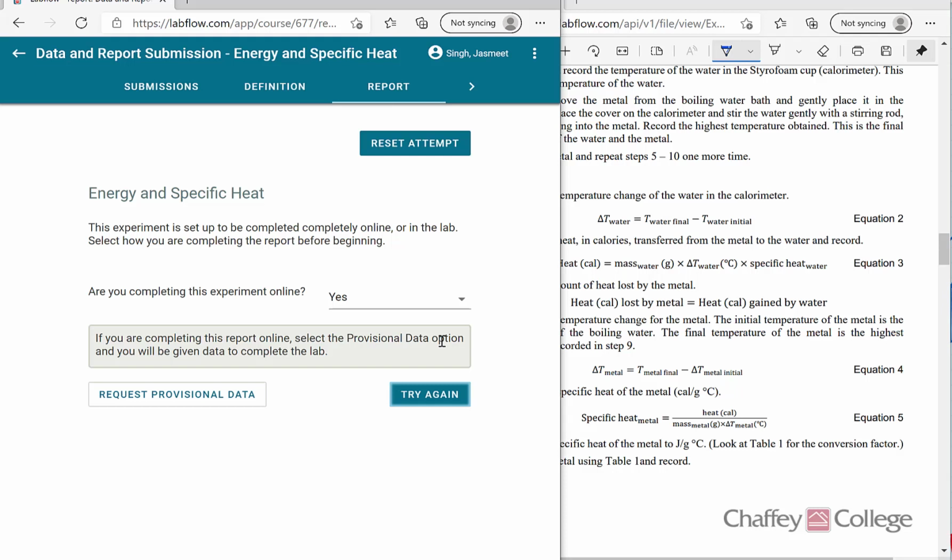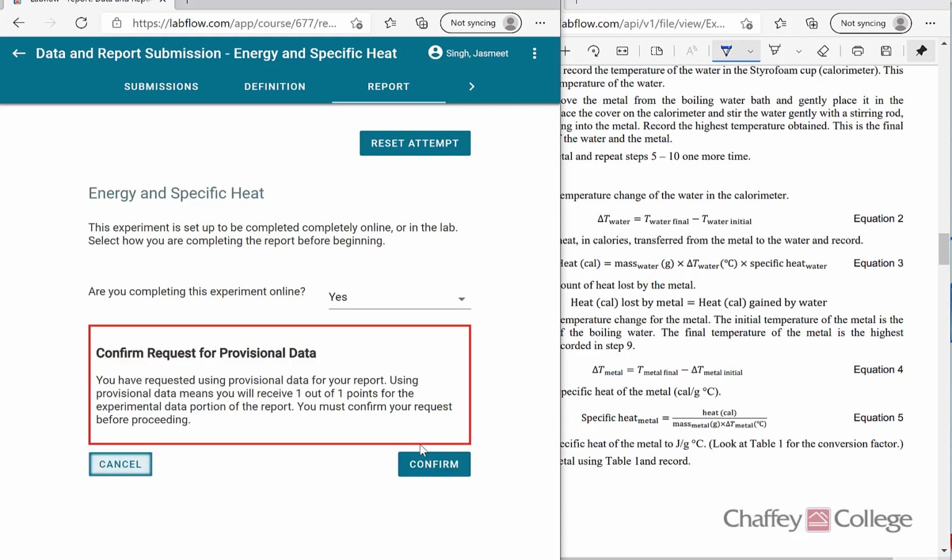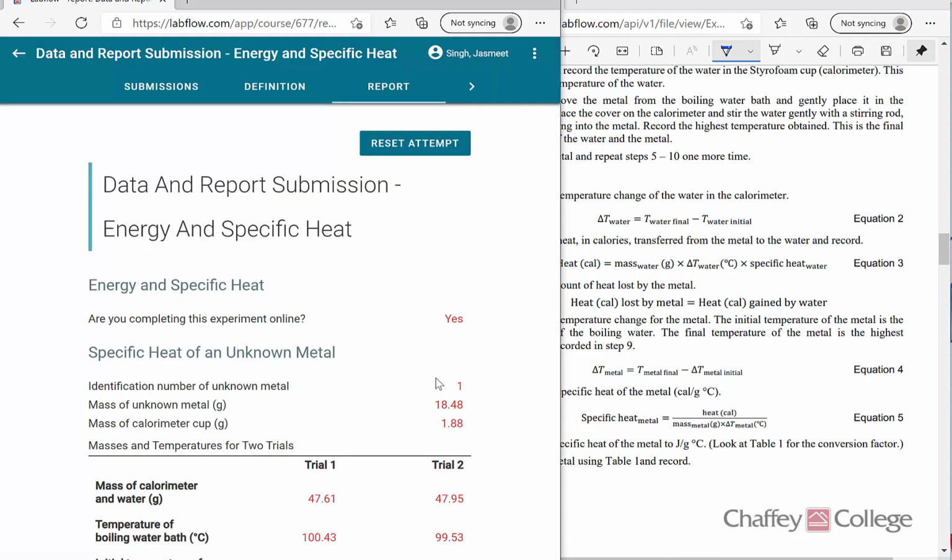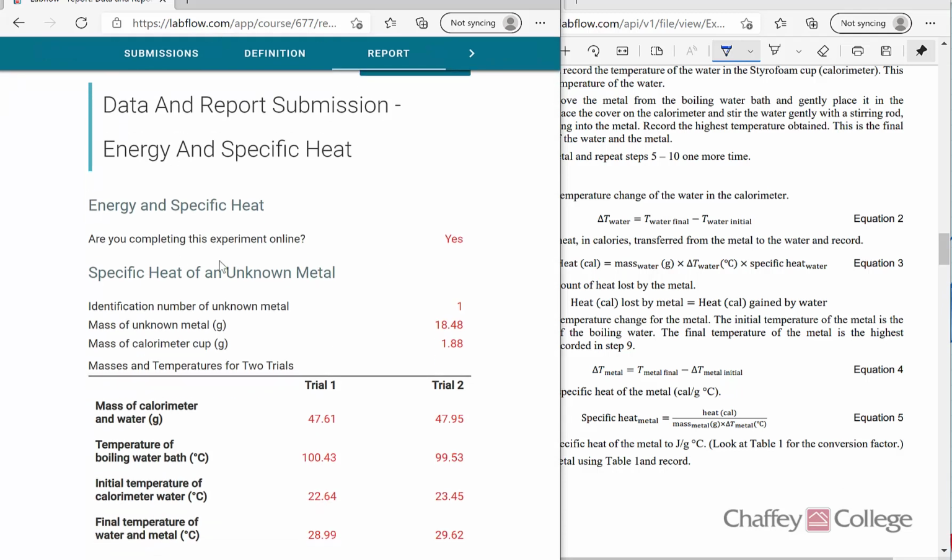Because we are working remotely, we're not going to actually measure it, so that data will already be measured for you and you will be given those results. So click on request provisional data and then confirm. You will get data already measured for you. For example, in this case, I got unknown metal identification number 1.